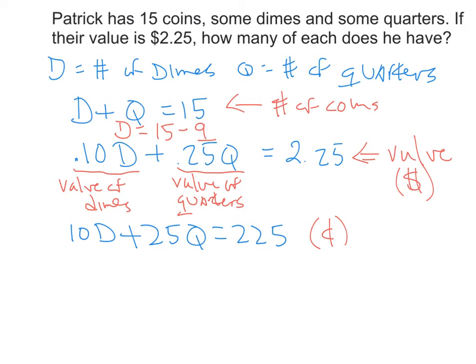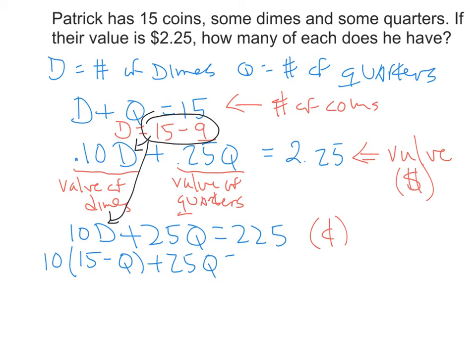But that gives us something ready to substitute. That means we can take 15 minus q and substitute it in for d into either equation. Now we're going to do it in the lower equation so we don't have to mess with the decimals. So we get 10 times (15 minus q) plus 25q equals 225.